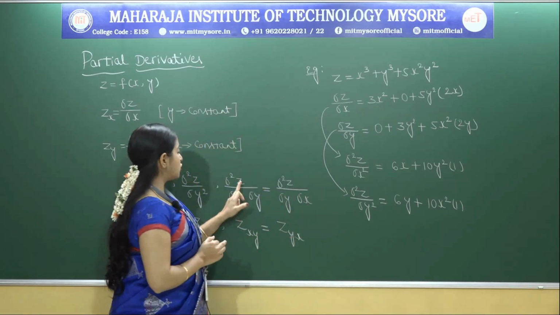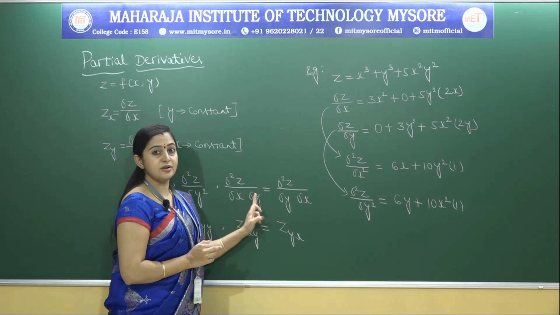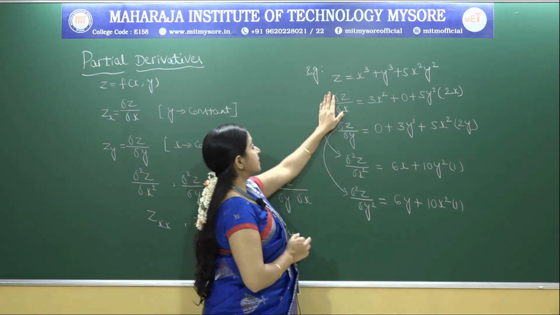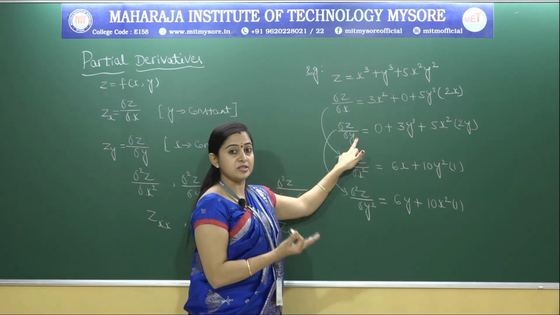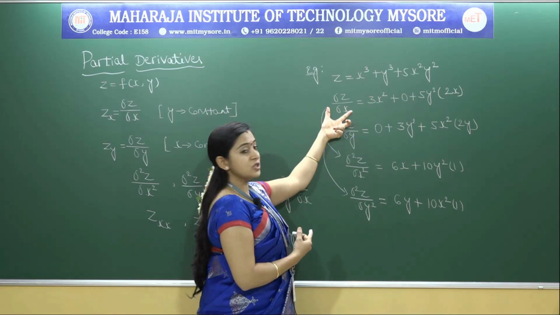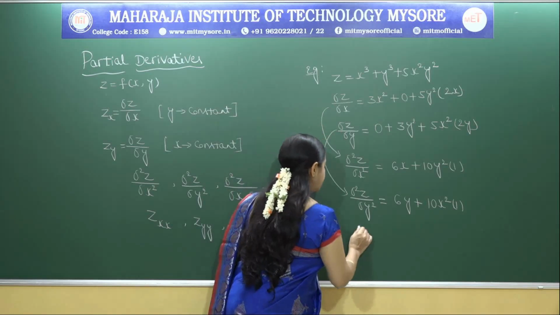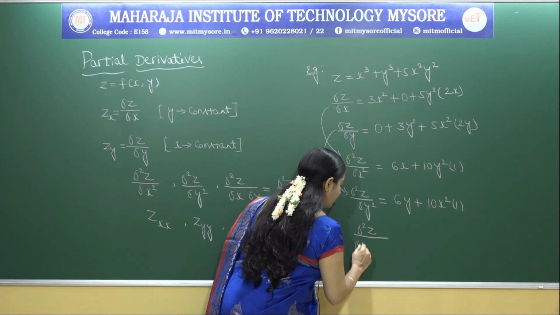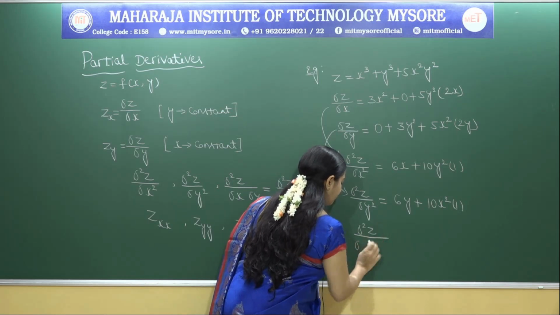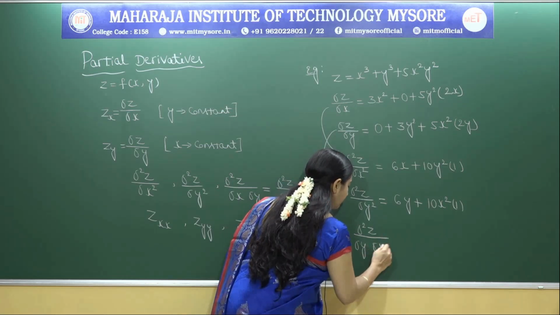Last one, the partial derivative of z with respect to x and y. Either you differentiate del z by del x with respect to y, or differentiate del z by del y with respect to x. Both are the same, so I take the first. Differentiating del z by del x with respect to y gives the second order del square z by del y del x.